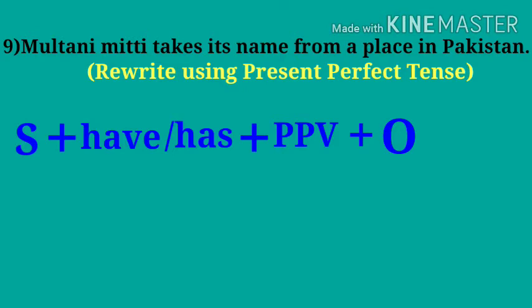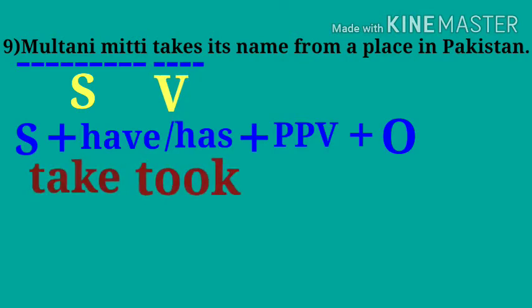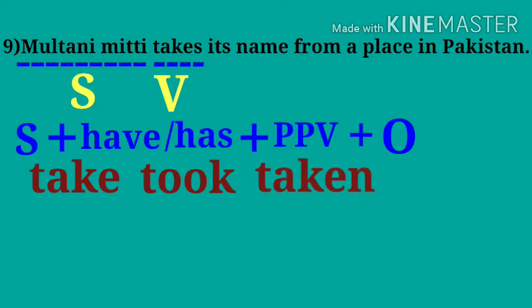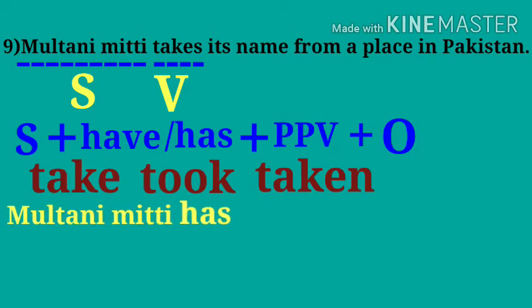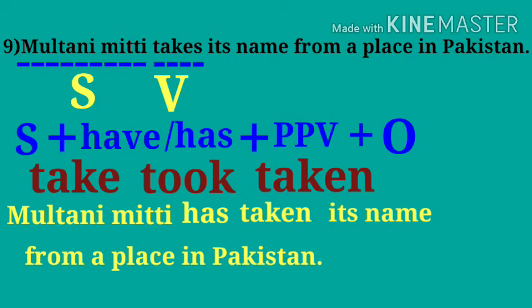What is the subject here? Multani Mitti. Then takes is a verb. And what are the three forms of this verb? Take, took, taken. We have to use the PPV, means we have to use taken. So what is the answer? Multani Mitti has taken its name from a place in Pakistan.